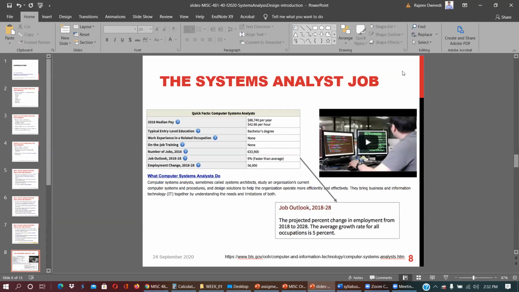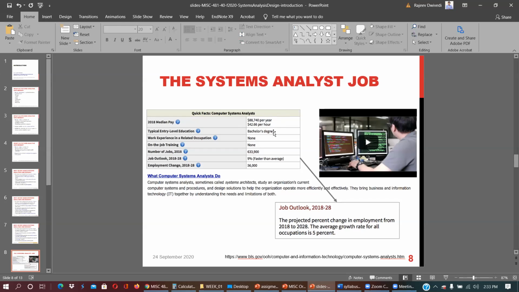Look into some job websites like Indeed.com, and some other websites which offer jobs. For example, computer systems analyst: the 2018 median salary is approximately 88 or 89,000 per year, and the average per hour is approximately $42-43 per hour.